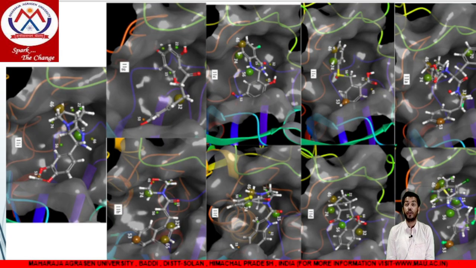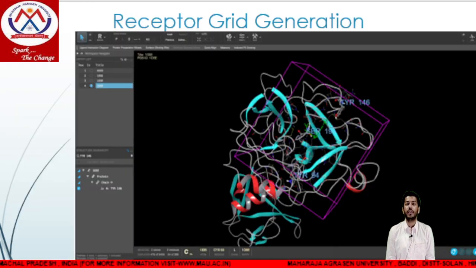Next, the following is the sitemap process. In the sitemap, the ligand finds the best way or best pose in the receptors. The next is receptor grid generation. Firstly, you will find the receptor in the protein molecule.